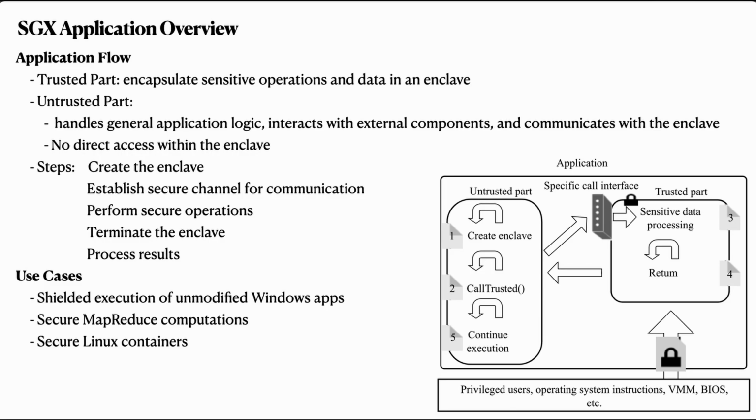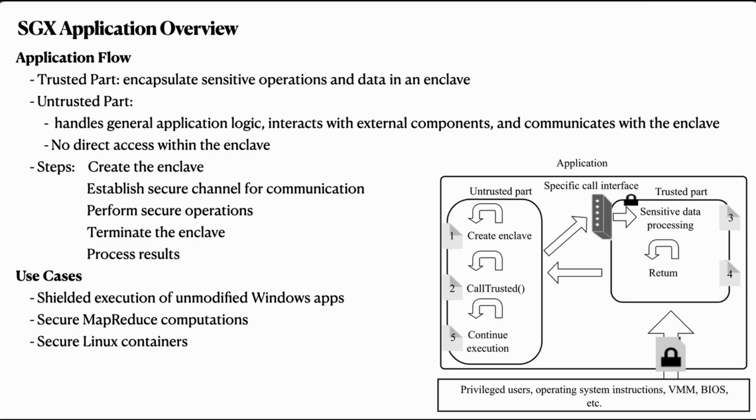The application can make calls to enclave trusted functions, also known as e-calls, passing any necessary data as input, and the enclave will process the data securely and return the result to the application. The data passed between the enclave and the application may be encrypted using the previously exchanged secret key to maintain confidentiality.